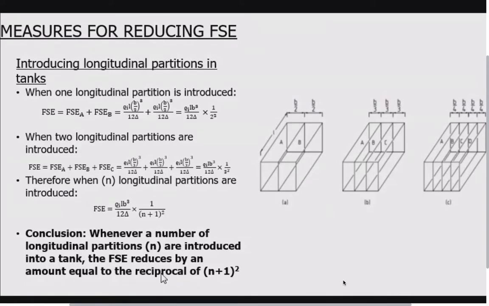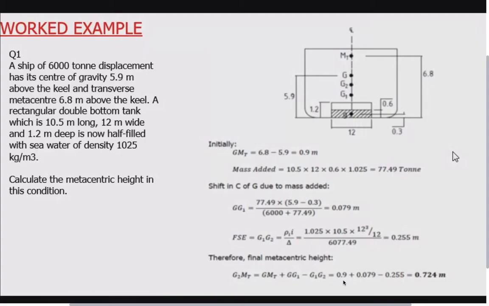It means that whenever you introduce a longitudinal partition, straight like this, you will be able to minimize the free surface effect. All right, let's try and solve this example and see.